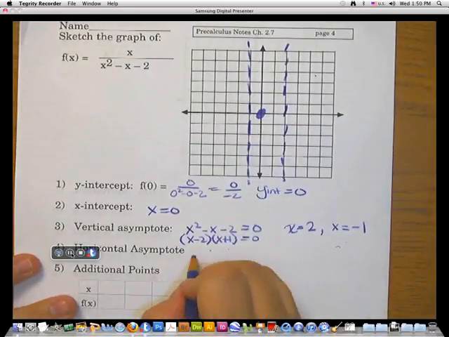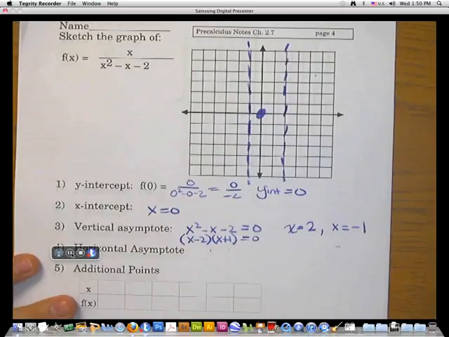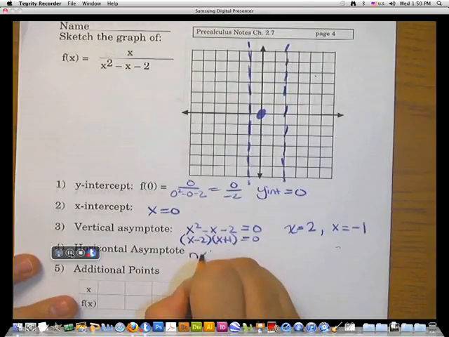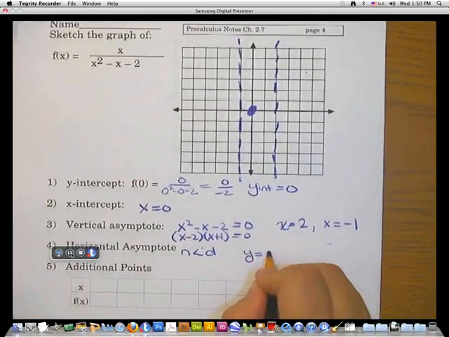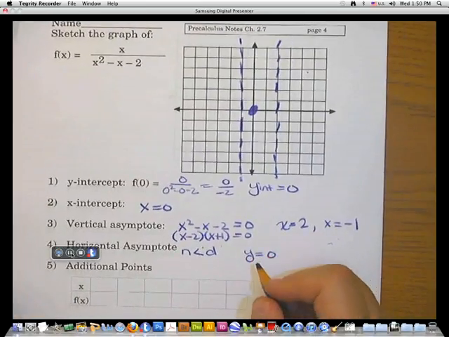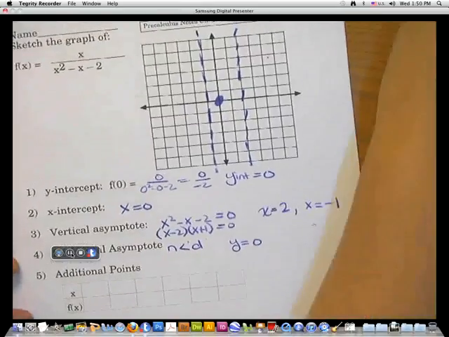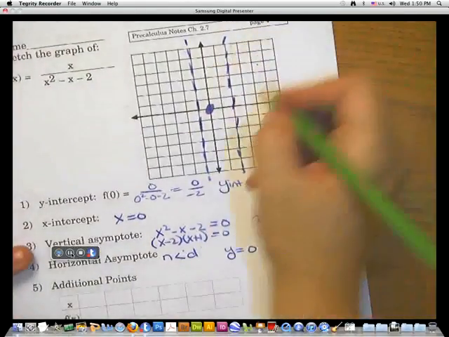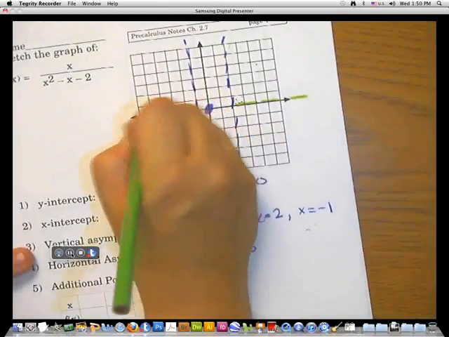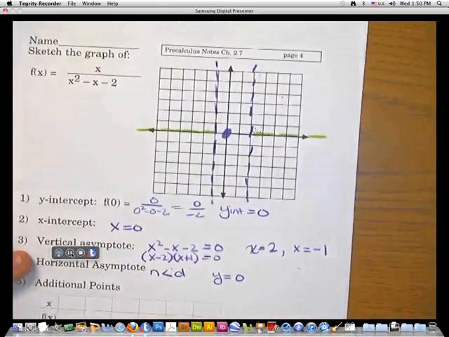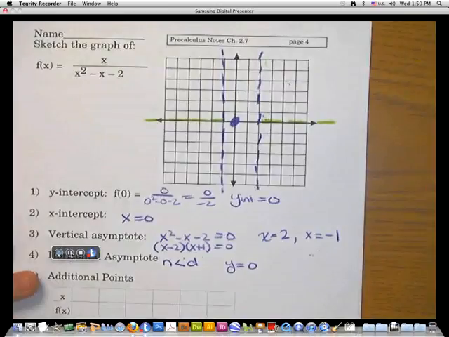The horizontal asymptote is based on the degree of the numerator being less than the degree of the denominator. So therefore, y is 0. Keep in mind, because we have 2 verticals, the horizontal does not go between the 2 verticals.